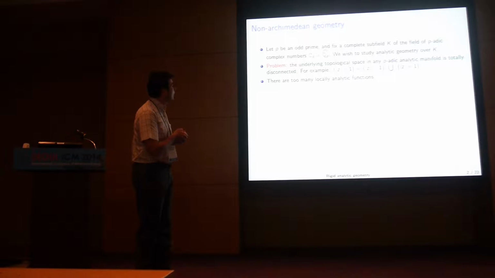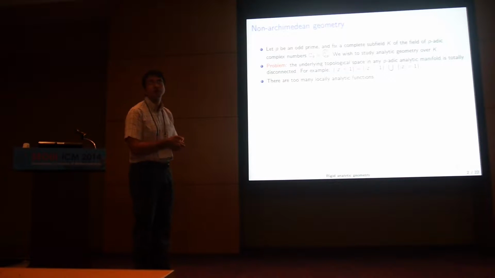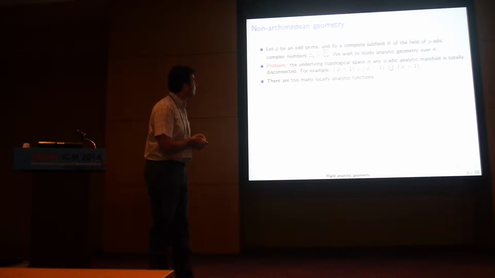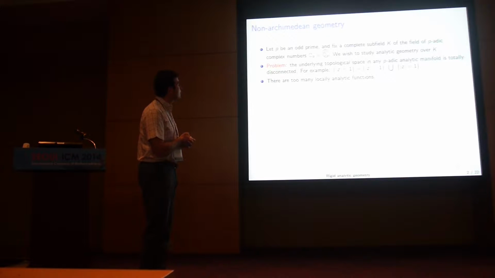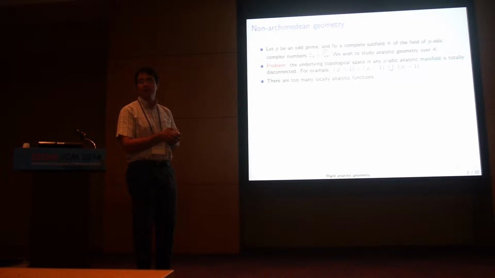Well, obviously it's got an open subset, and because of the strong triangle inequality, actually this is also open inside the plane, and the rim is also open. You can check using the strong triangle inequality that all three things are open. Obviously these are disjoint, and so the closed disk is a disjoint union of the open disk and the rim, and you don't want that. You want the closed disk to be connected.